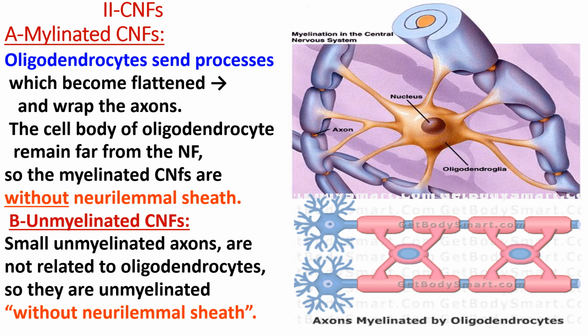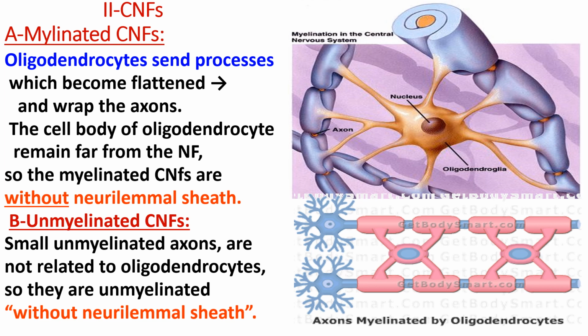The two images in the slide show the processes of oligodendrocytes sent to the nerve fibers, becoming flattened and then wrapping the nerve fibers. And now we have two differences. The type of the cell is oligodendrocyte, not Schwann cell. The cell body is away from the nerve fiber.